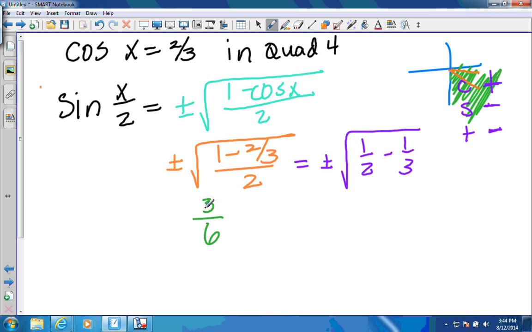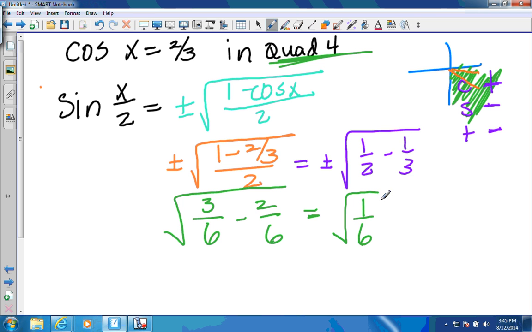Numerator would be 3 minus 2 over 6. Still the square root leaves you with 1/6. And it's still the square root of it. And now it's not both plus and minus because you have to just figure out, since it's in quadrant 4, the initial angle, and in quadrant 4, sine is negative. So therefore, this answer would be as well.